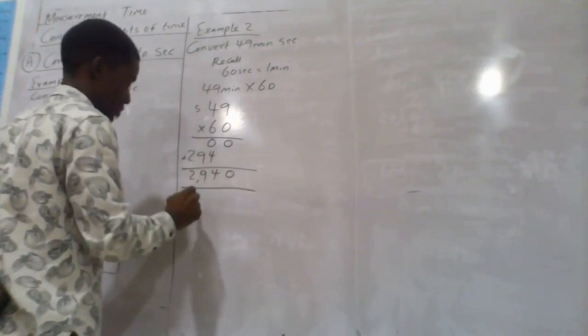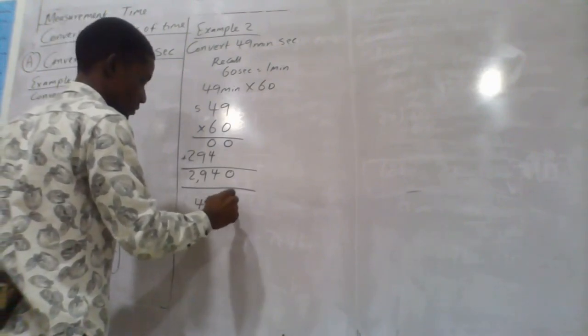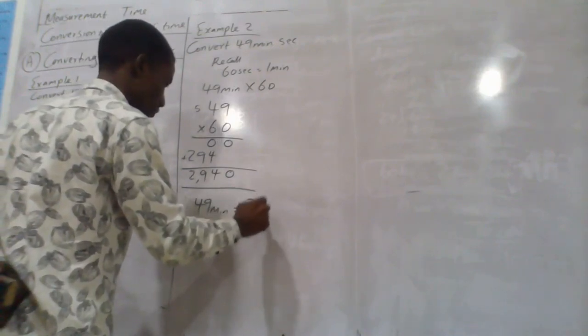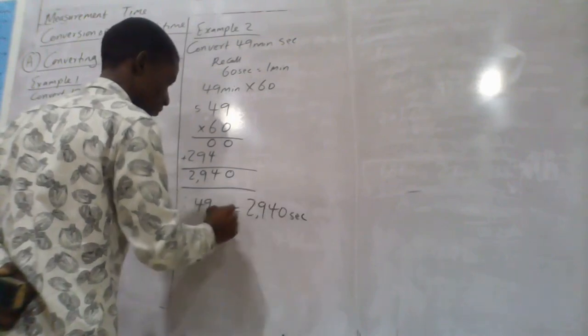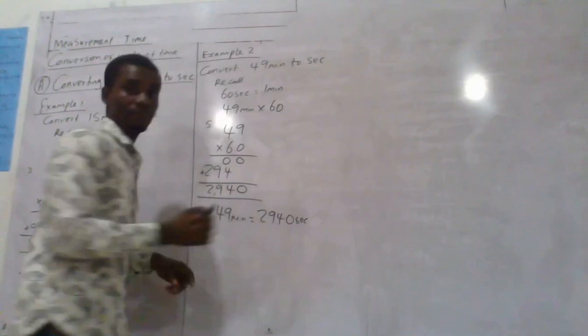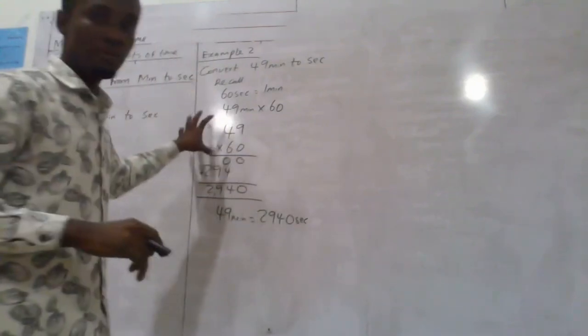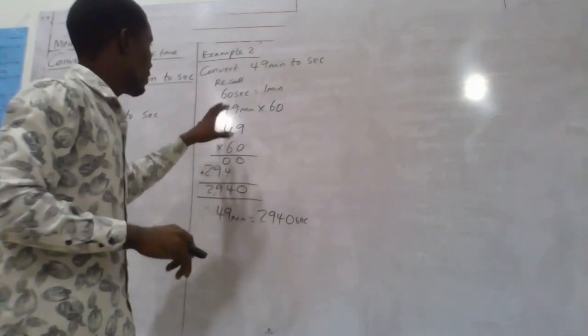Therefore, 49 minutes equals 2,940 seconds. Do we get this logic now? So this is how to convert from minutes to seconds.